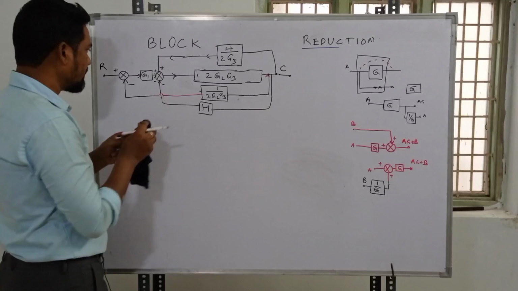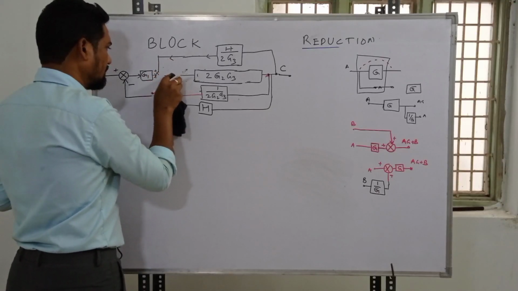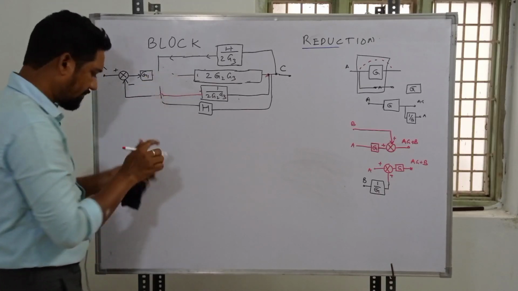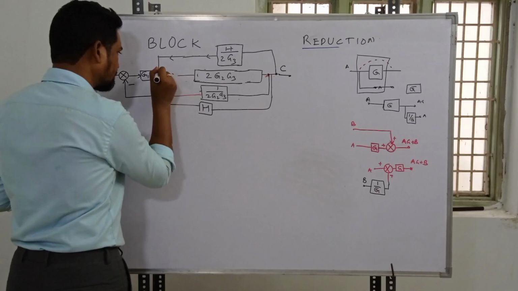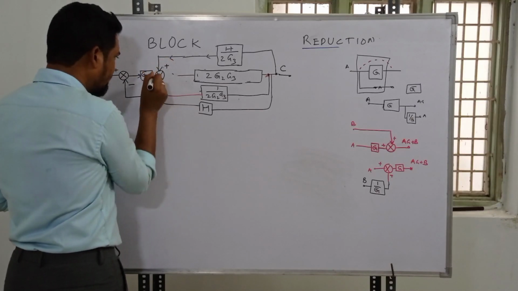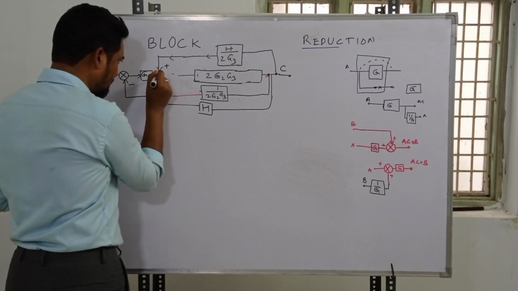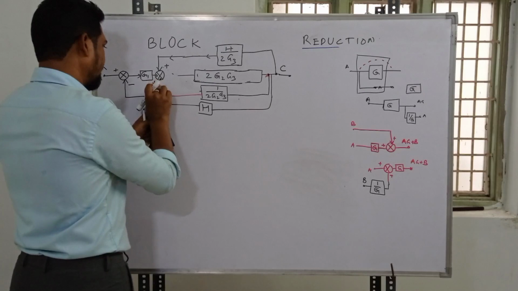So how to reduce that? Let me show you. The bigger one is a summing point. A signal from this side is added, even from this one it's added. So we are done with that one.